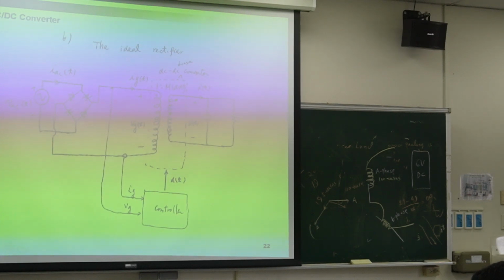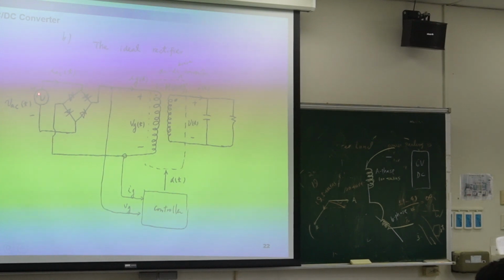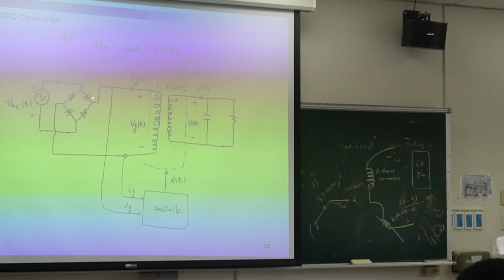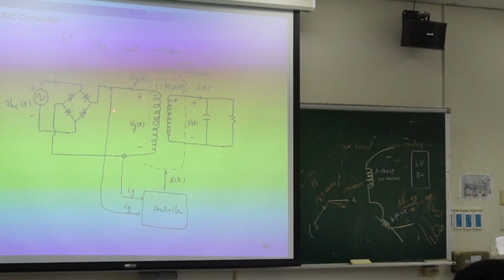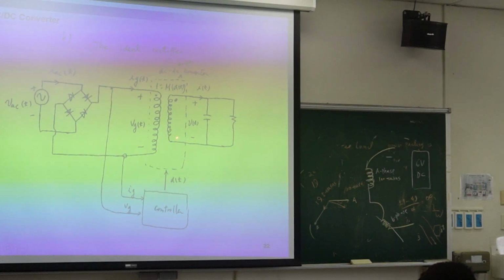Now we go back to active power factor correction. So what is active power factor correction? So we have sinusoidal input, we have full bridge rectifier, and then we have DC-DC converter. So what is DC-DC converter? Which means change the voltage.